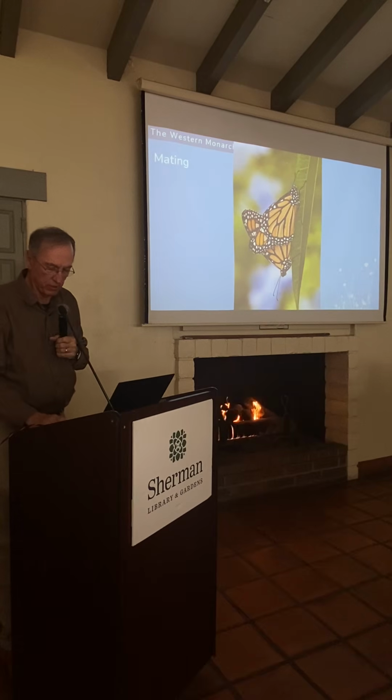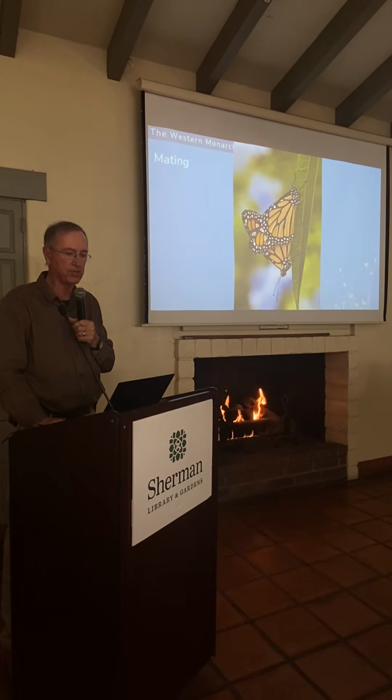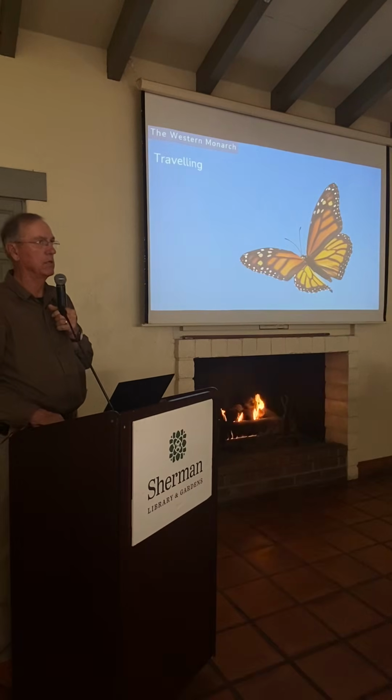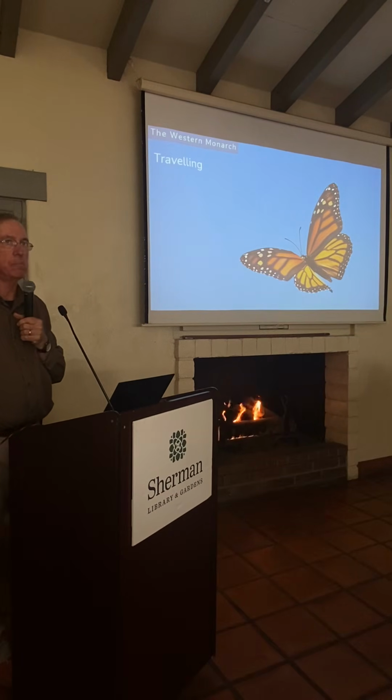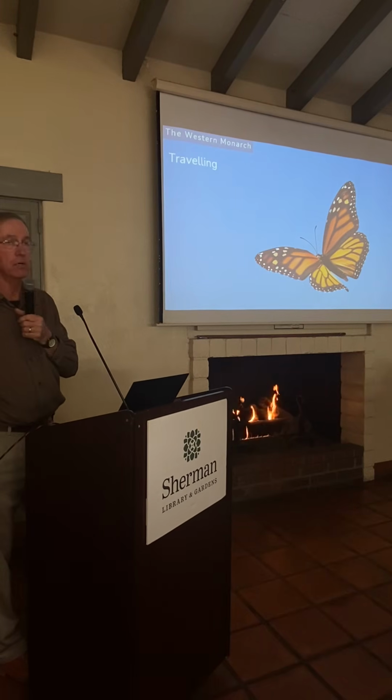And so they'll mate, and at that point, now the monarch's ready to start its next stage, which is traveling. And monarchs are probably most famous for maybe this aspect. They migrate, an incredible migration. And so that monarch heads out on its travels.